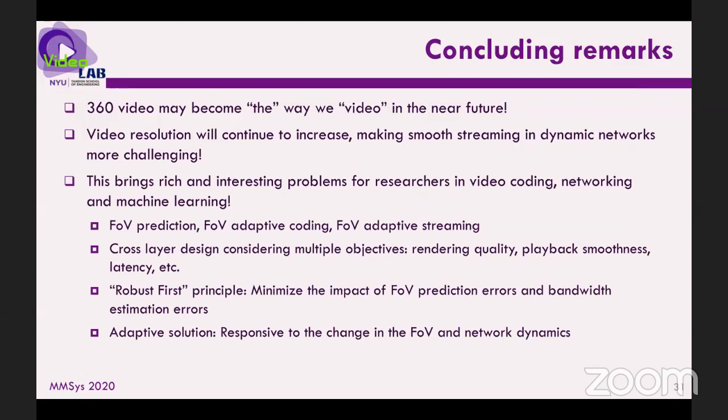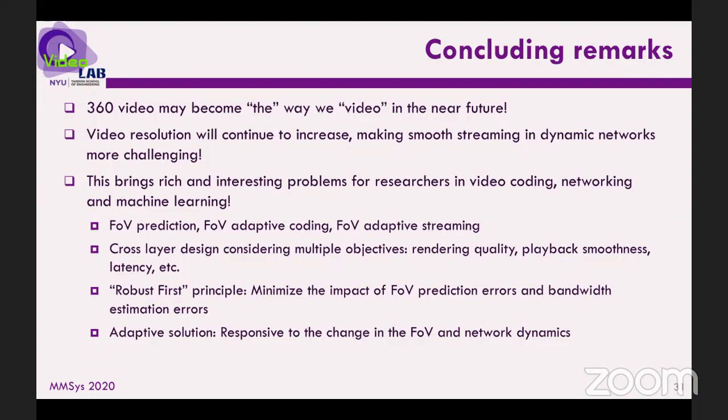We will need to continuously improve FOV prediction, FOV adaptive coding, FOV adaptive streaming, etc. More importantly, we need to conduct cross-layer design and consider multiple objectives in our design, including the rendering quality, playback smoothness, streaming latency, etc. It's important to follow a robust first principle in the system design to minimize the impact of FOV prediction errors and bandwidth estimation errors.